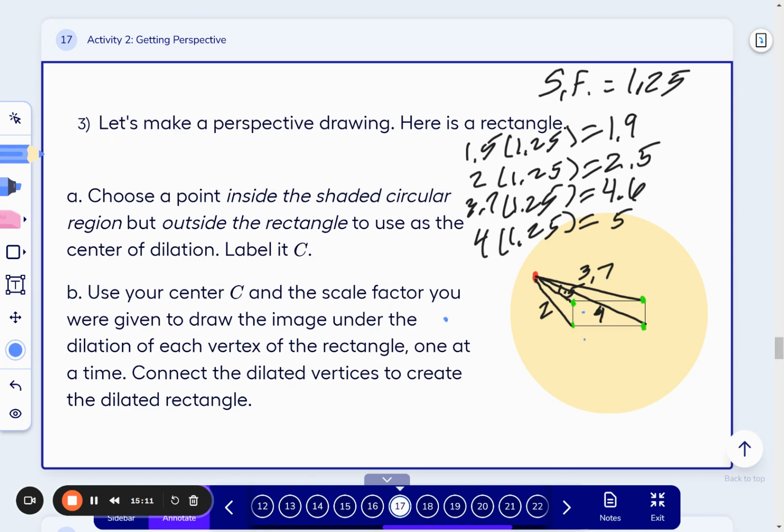The bottom, do 5, and 4.6. So that then, if I was to draw in straight lines, that would be my new rectangle.